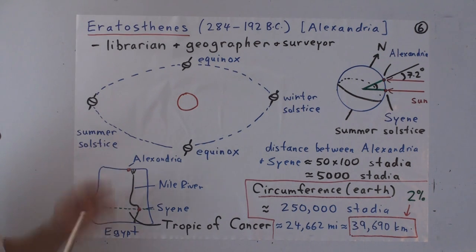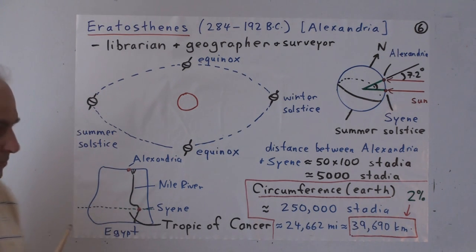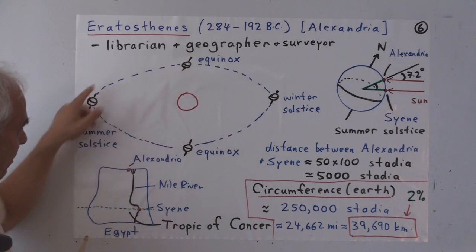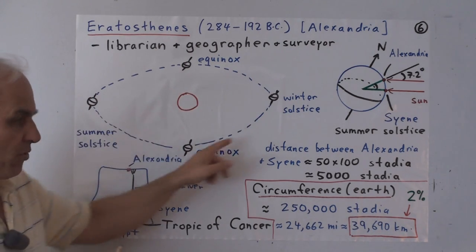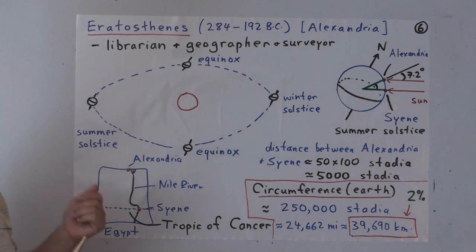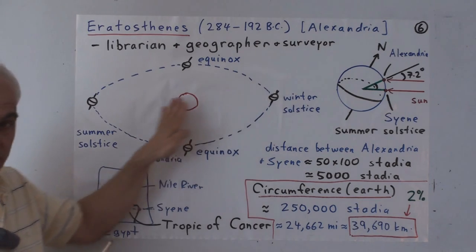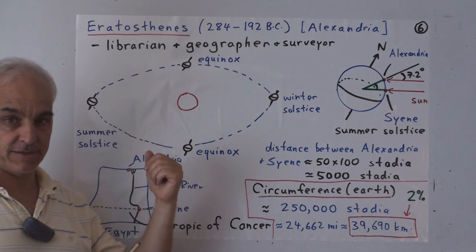And to understand his calculation, we have to understand a little bit about the tilting of the Earth. So here's the sun again, and here's the Earth diagrammatically going around the sun. It takes 1 year to go around. And I suppose we all know that the Earth is actually tilted with respect to this ecliptic plane in which its orbit lies.